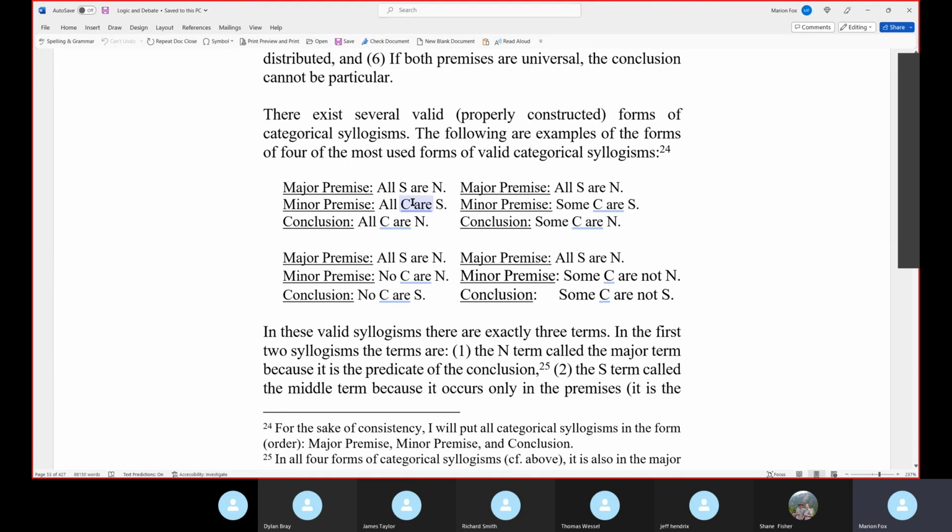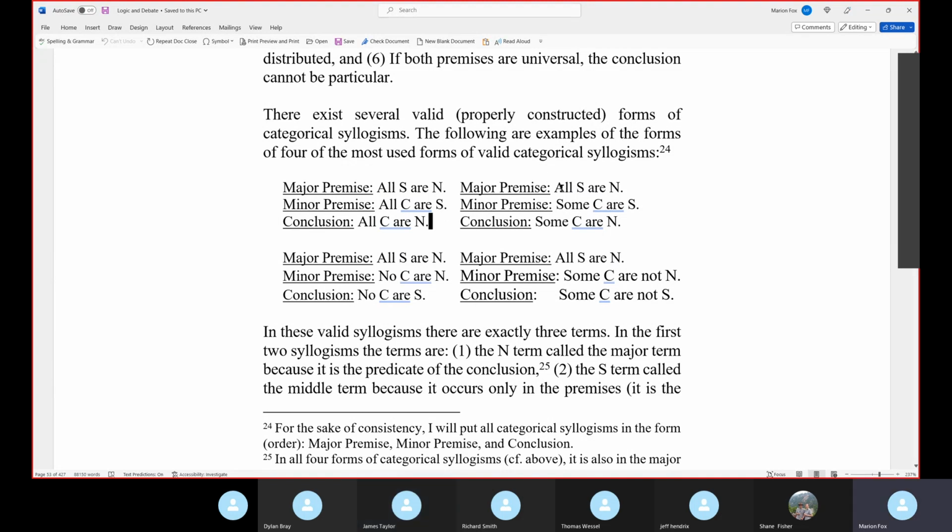All women Christians are Christians. All women Christians are baptized believers. Does that make sense? Yeah. My emphasis was trying to get clarity on when it becomes particularized versus general.